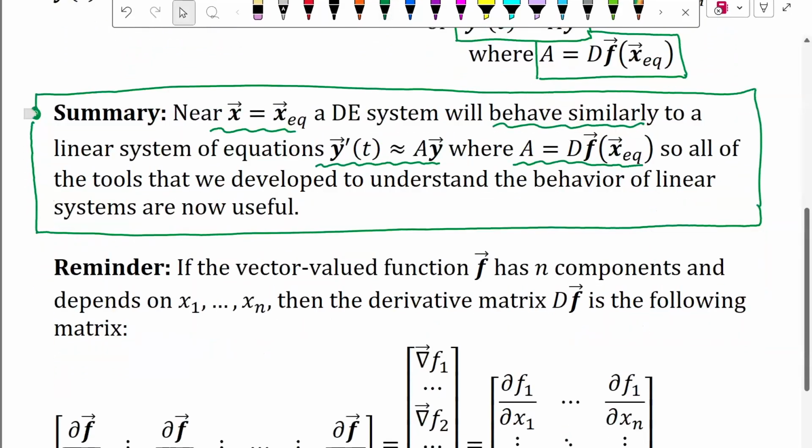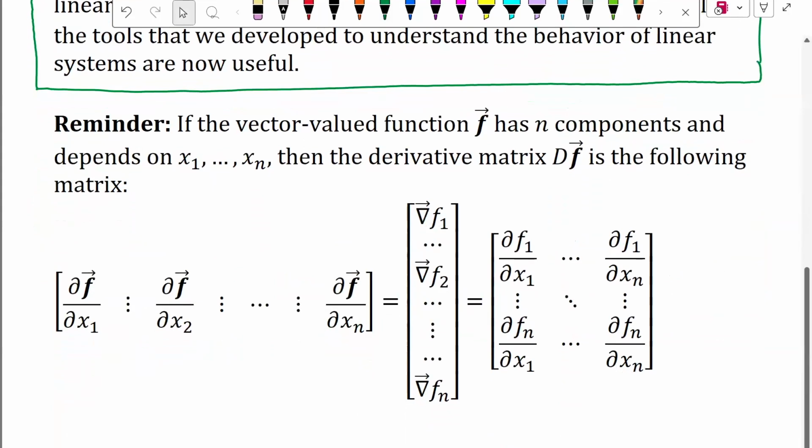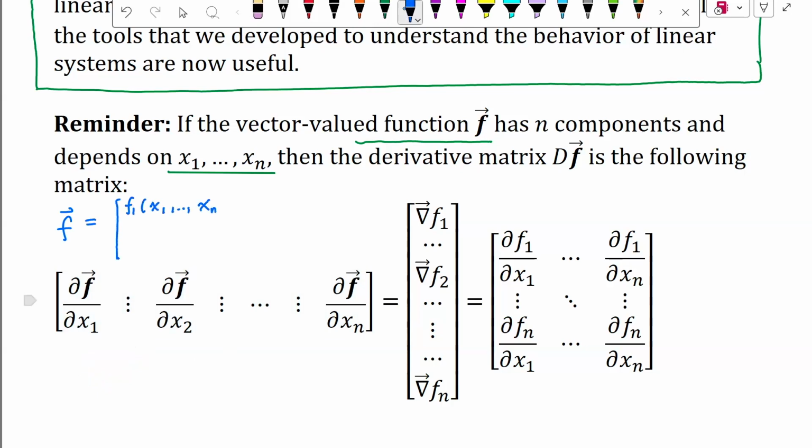For notation, let's just remember what that means to create a Jacobian. So f is a vector-valued function, and its components depend on the independent variables x1 through xn. Let's keep in mind that the vector function f can be written in its component form as f1 that depends on x1 through xn, all the way through f sub n that depends on x1 through xn.